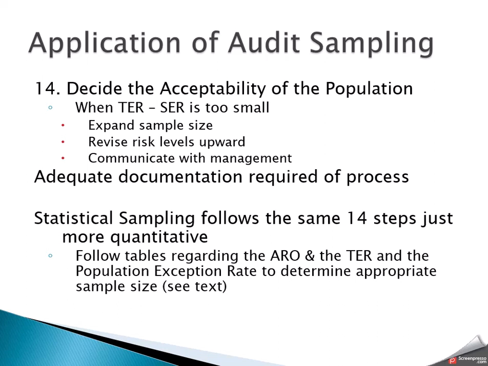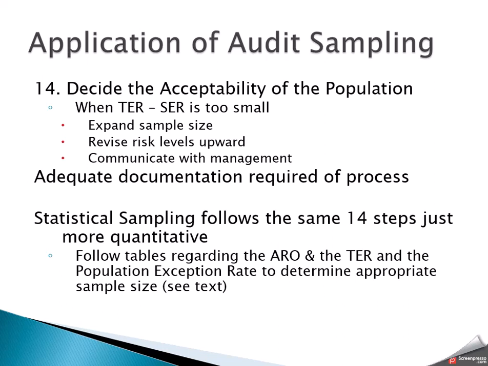And then obviously the auditors document this whole process. A statistical sample is going to go through all these same 14 steps, but in a more quantitative rather than qualitative way.